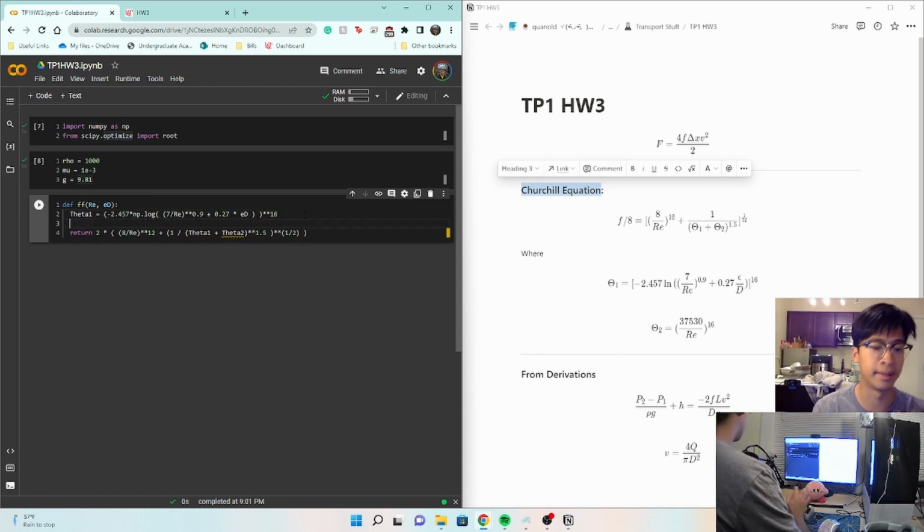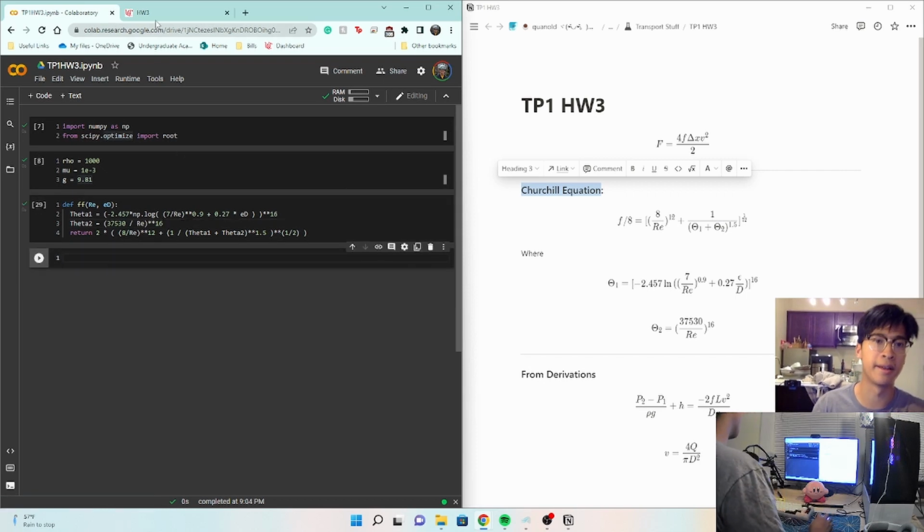Hopefully I don't make any syntax errors here. Theta 2 will equal 37530 over the Reynolds number raised to the power of 16.